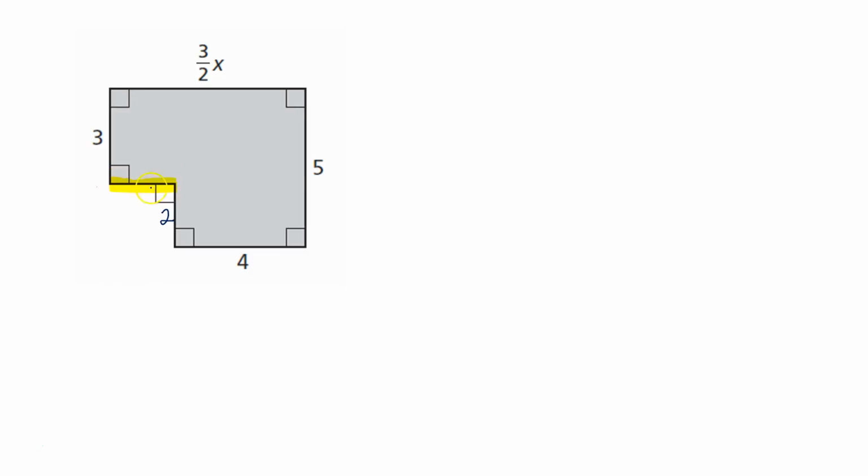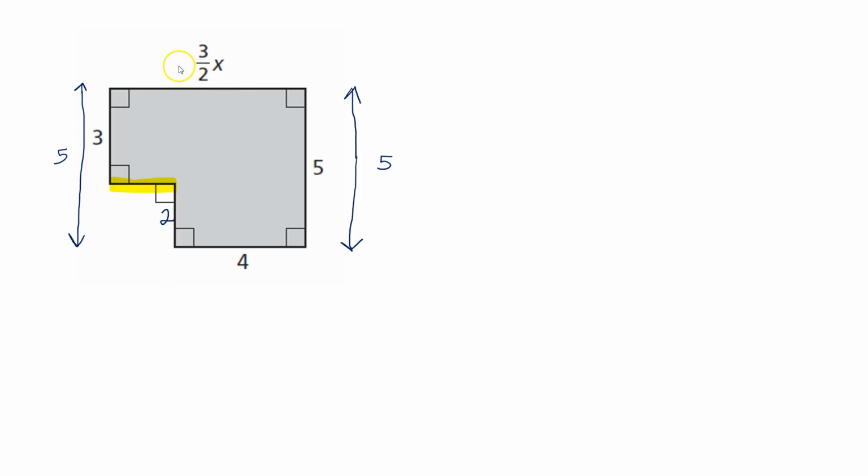So when we're figuring out this guy, it's going to be helpful if we remember what happened with these guys. Remember that this length was 5, and then over here the total length was 3 plus 2, 5.